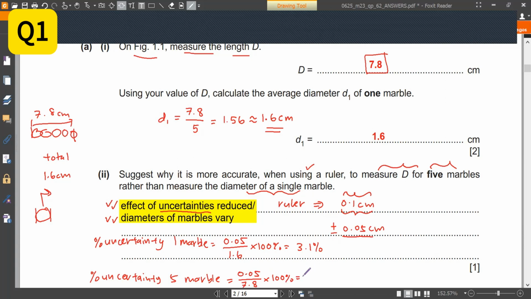So now the uncertainty is 0.64%. So it is lower. So it is telling us that if we can, it's better to do more measurement at a time. It will decrease the uncertainties, which will make us more confident of our measurement. So these are two possible answers: the effect of uncertainties will be reduced, or we want to take into account the small differences of diameters between the marbles.